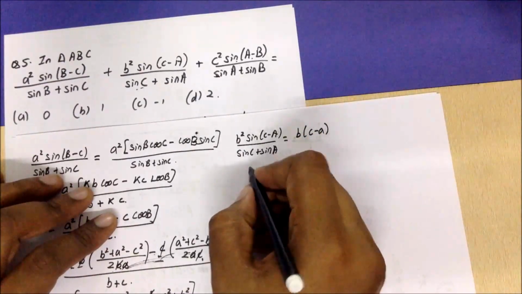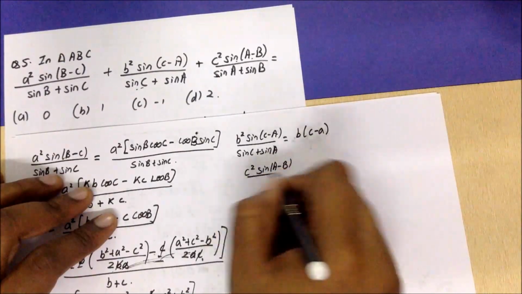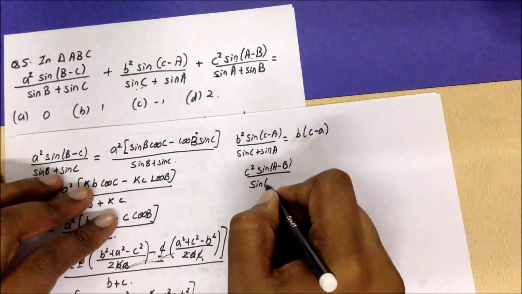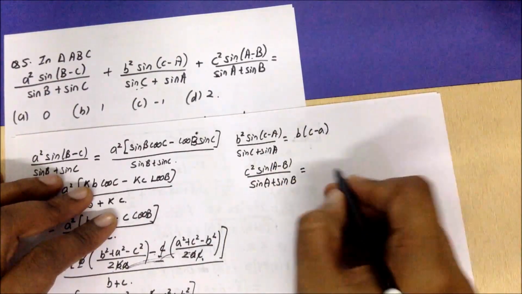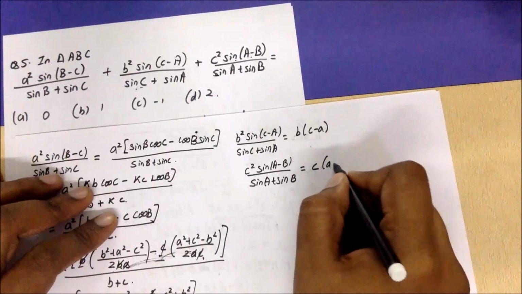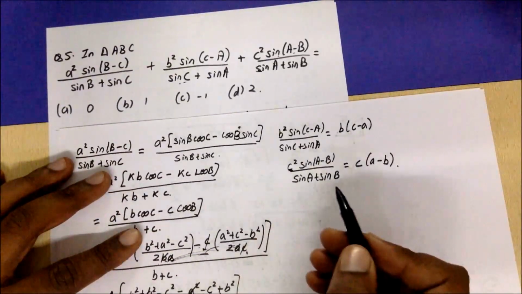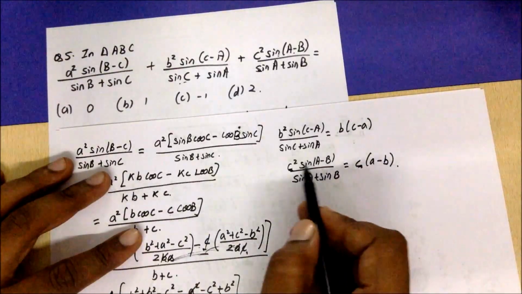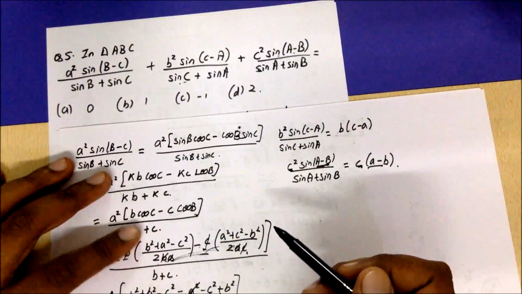And for the last one, c square sine a minus b divided by sine of a plus sine b, you will be getting the term as c into a minus b. So it is just the term present outside that remains outside, and whatever is inside the sine is going to be over here.